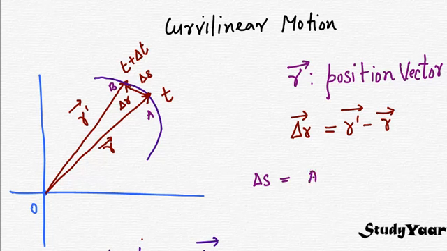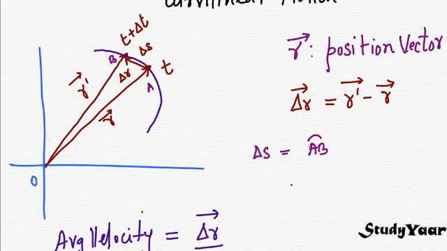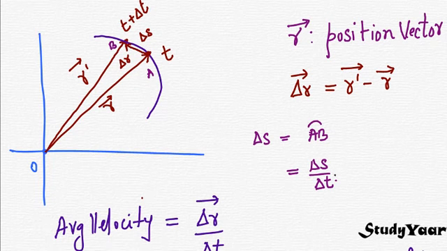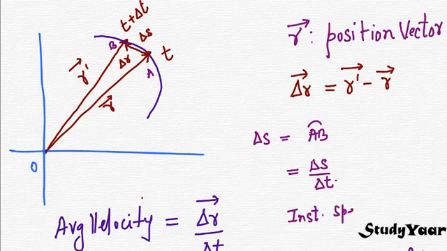Therefore, my average speed in the interval delta t is equal to delta s upon delta t, and under the limiting condition when delta t tends to 0, my instantaneous speed is given by ds by dt. This is the expression for my instantaneous speed.